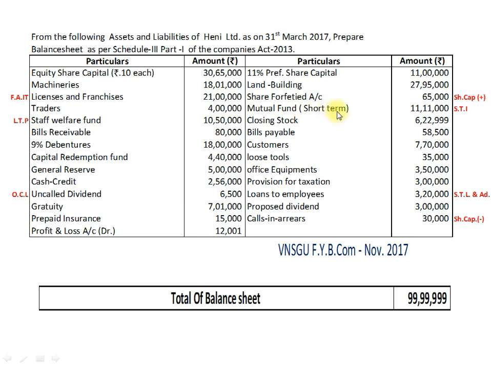Mutual fund is our investment. In the previous example nothing was mentioned, so we considered mutual fund investment as a long-term investment, but here it is specifically mentioned that mutual fund is for short term, so it will be recorded as a current investment or a short-term investment on asset side under the head current assets.